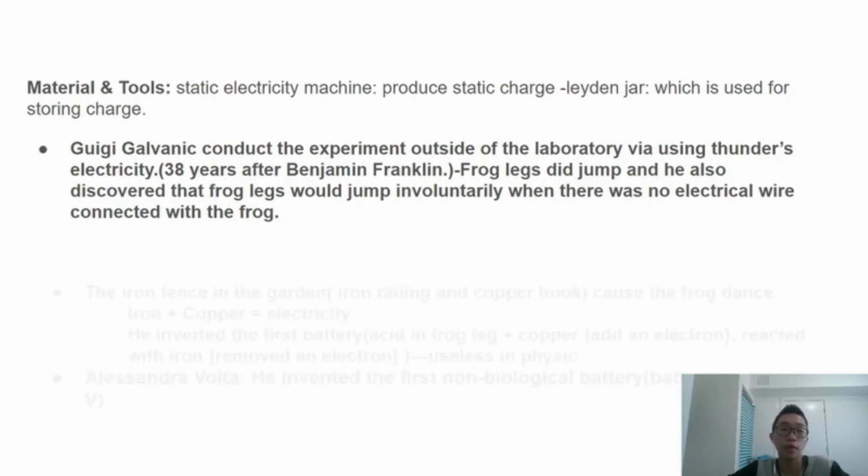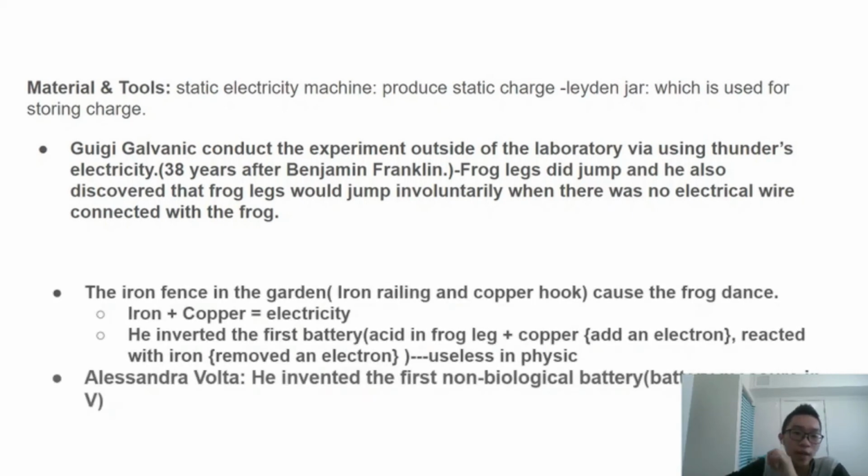Oh, that's super weird. He discovered that this queer phenomenon was actually due to his garden, and the fencing in the garden is made of iron, and the hanger, the hook used to hang the frog, is made of copper. These two metals touching together will actually cause the frog to dance.